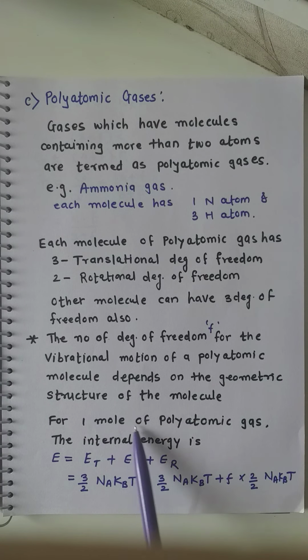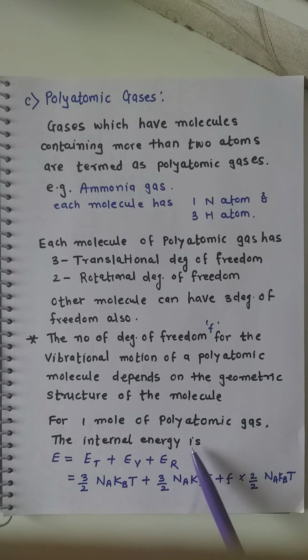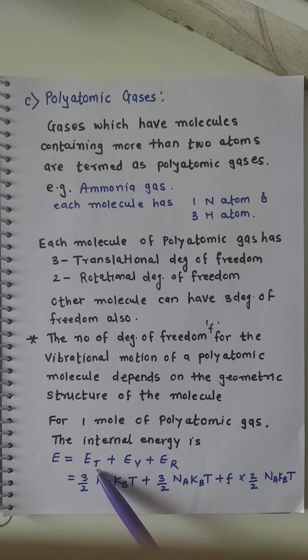So for 1 mole of polyatomic gas, the internal energy will be E is equal to E translational plus E rotational plus E vibrational. So we know here 3 by 2 NaKBT, here 3 by 2 NaKBT, plus F into 2 by 2 NaKBT.